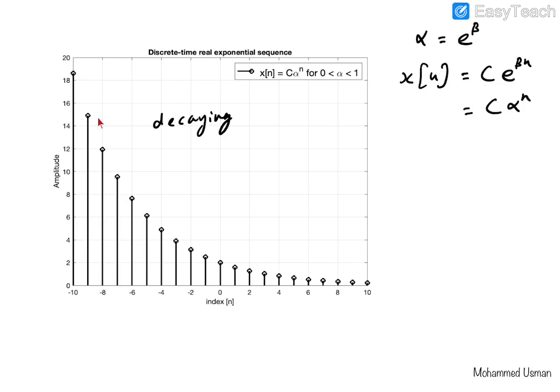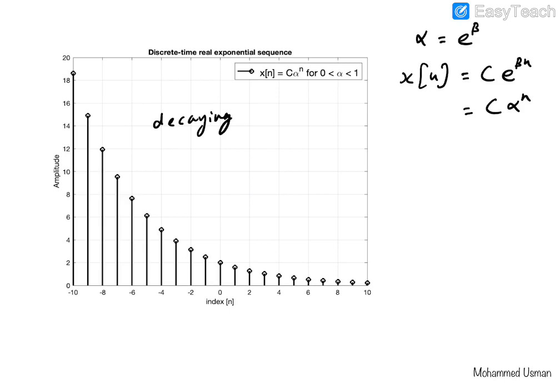And what we have here is a decaying sequence, but all the sequence values are positive. So for this range of alpha, that is alpha being positive between 0 and 1, we have a decaying sequence with all positive values.